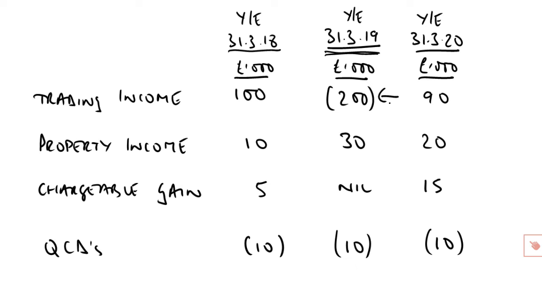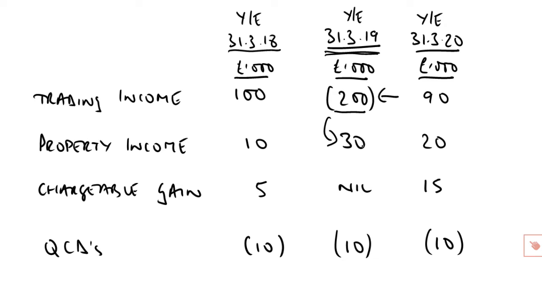The company does not firstly have to relieve its own loss against its own total profits of that period. Any part of a current period trading loss may be surrendered as part of a group relief claim to the claimant company. So 200 is available here.